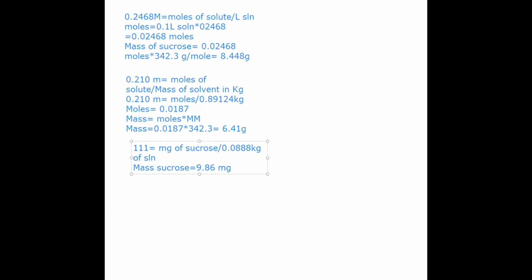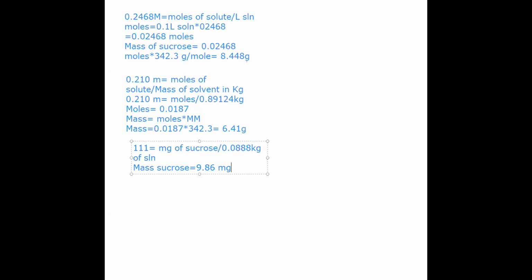And so when you are asked the question, how would you prepare a solution? Usually, once you have the correct weight of your solute, then you also need to determine the correct volume or the correct mass of your solvent and mix them together. So in this case, we need a total mass of solution to be 0.0888 kilogram.